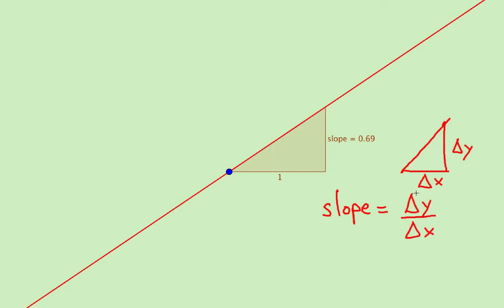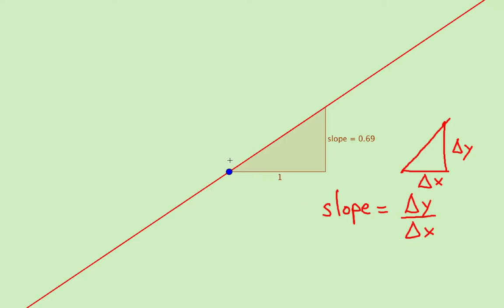You see, what this delta y means is that this is a distance. It's a name for this distance over here, and delta x is a name for this distance over here. You cannot cancel the deltas over here. This is one full name, that's another full name.